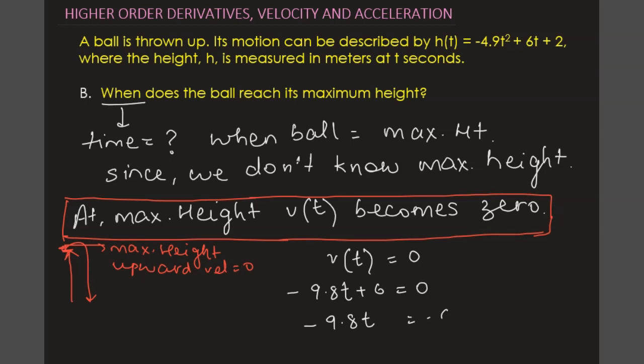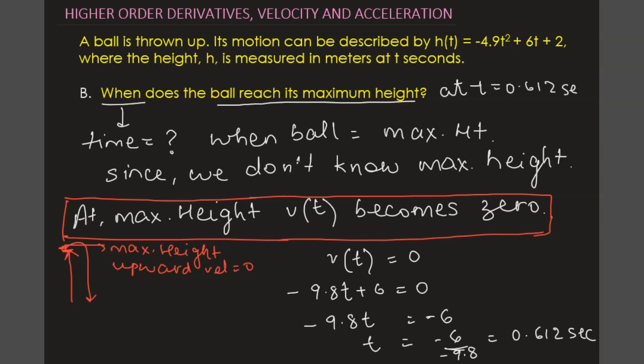So we isolate t, and with this we get t is equal to negative 6 divided by negative 9.8, which is equal to 0.612 seconds.